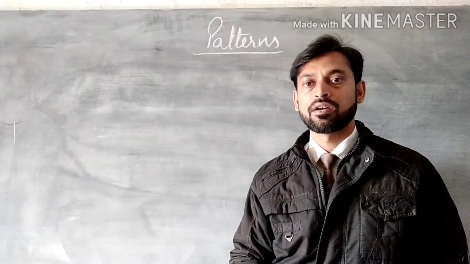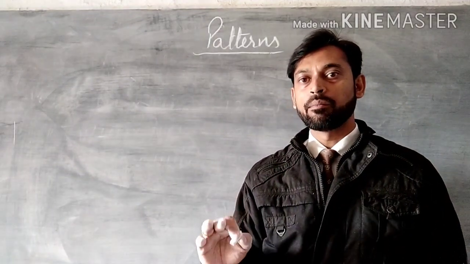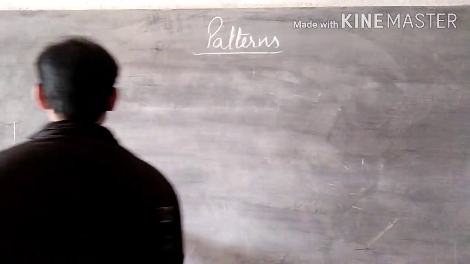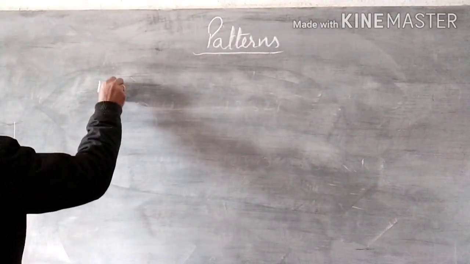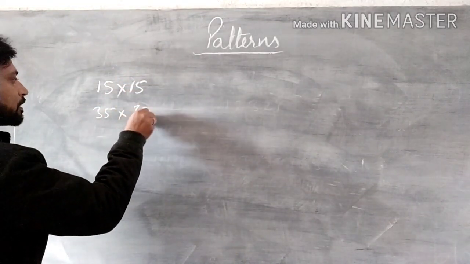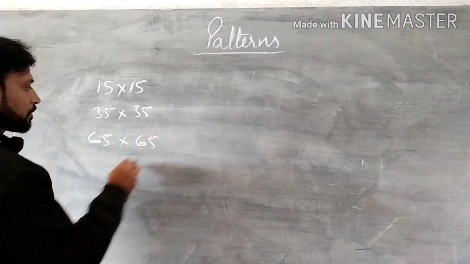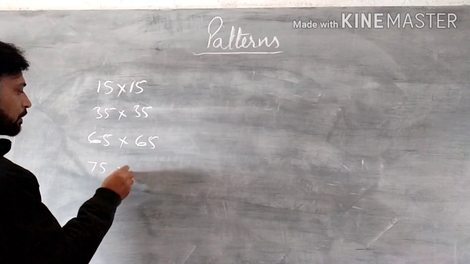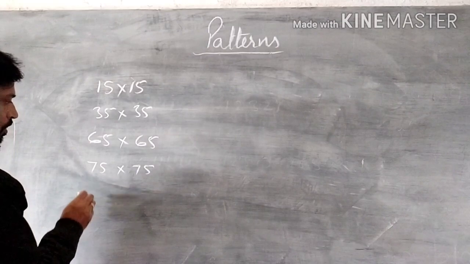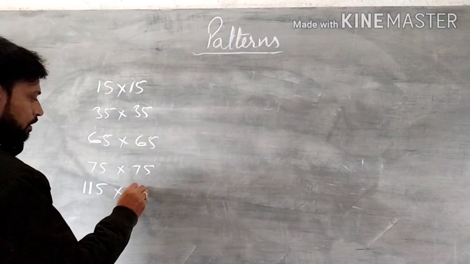Now next observation. When we multiply any number with the same number and the one's place is 5. For example, suppose 15 multiplied by 15, or 35 multiplied by 35, or 65 multiplied by 65, or 75 multiplied by 75, or you can say 150 multiplied by 150.